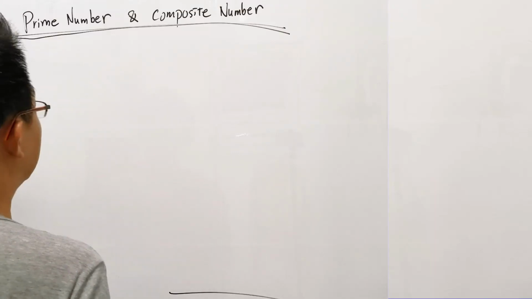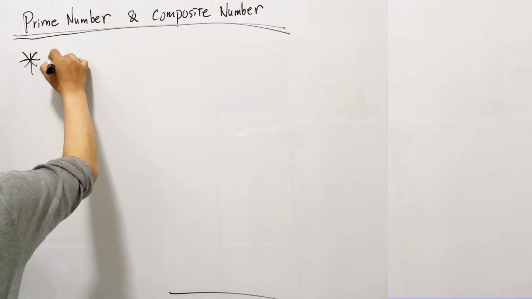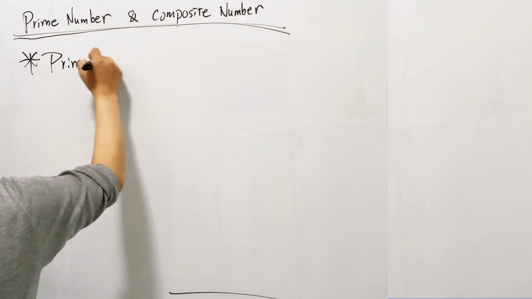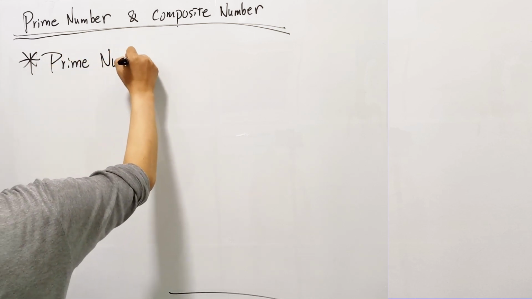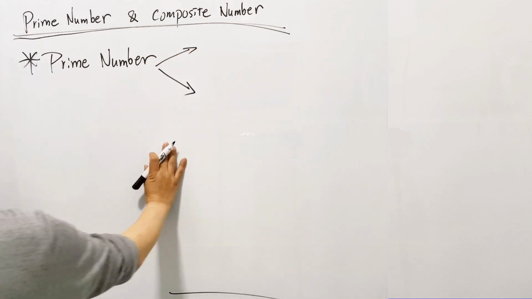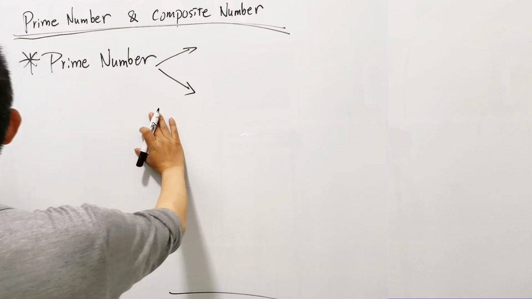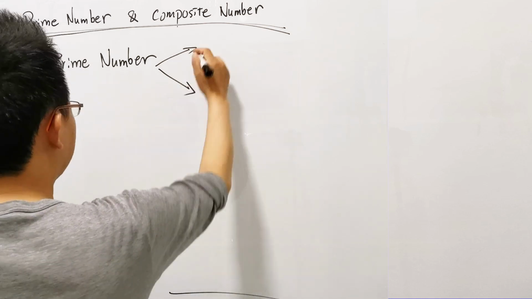What is a prime number and a composite number? So as we know, a prime number, the first thing is that it is a whole number greater than 1.